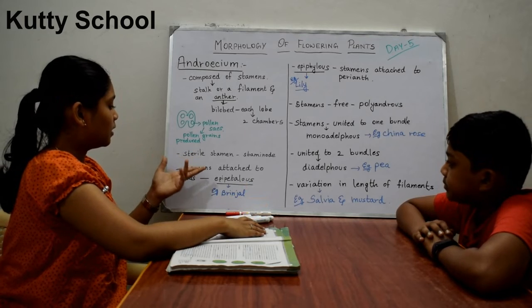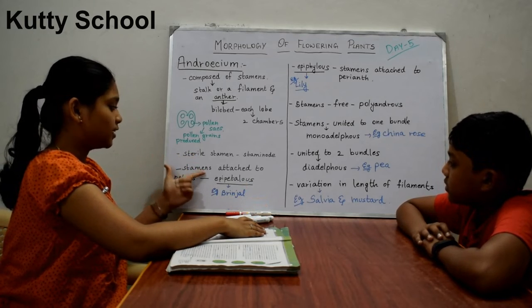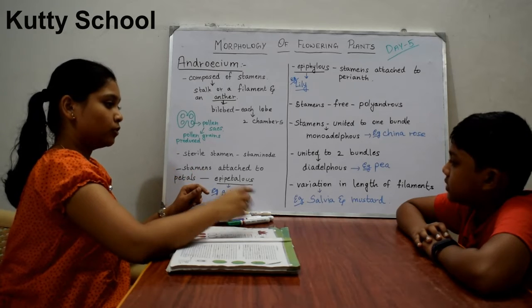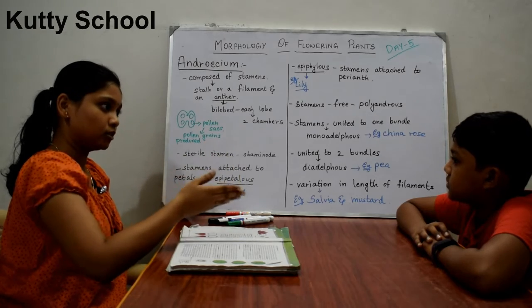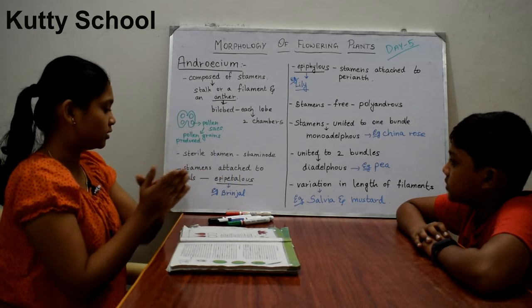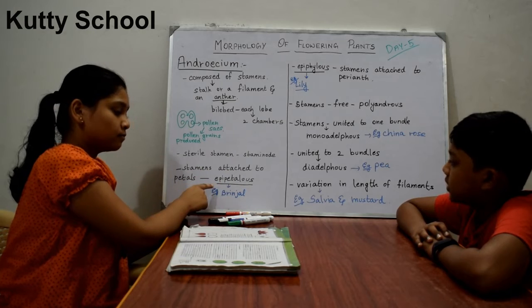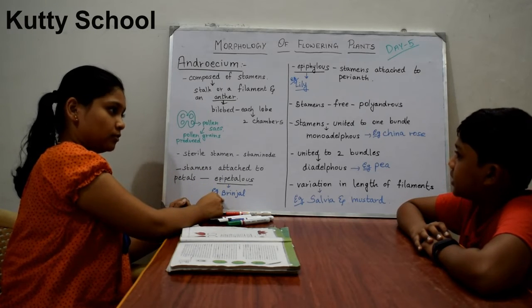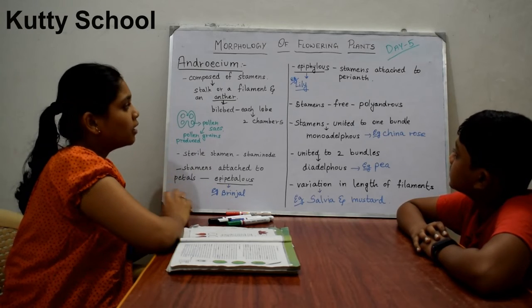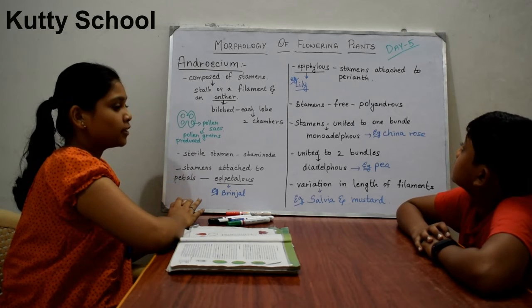And then the second one is stamens attached to petals. When the stamens, that is the filament, are attached to petals, it is known as epipetalous. Example, brinjal. And then epiphyllous is stamens attached to perianth.